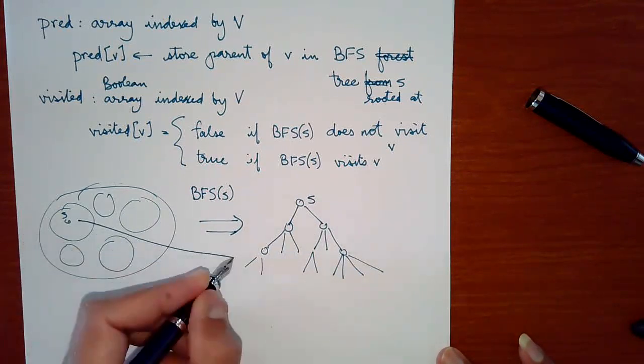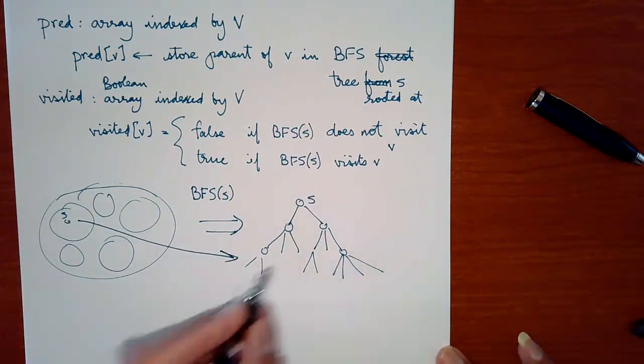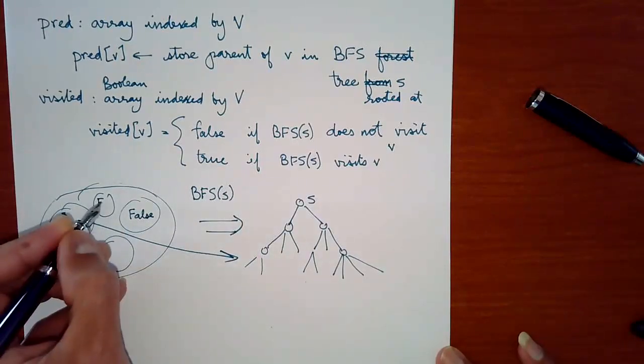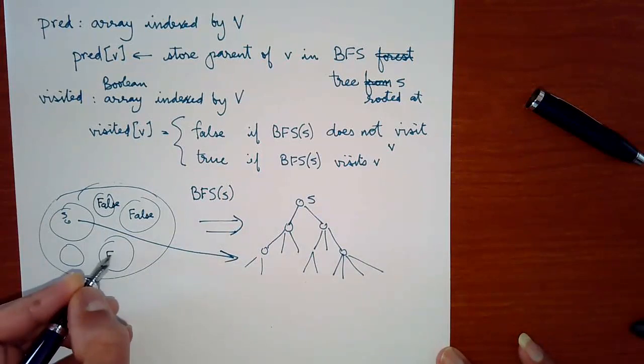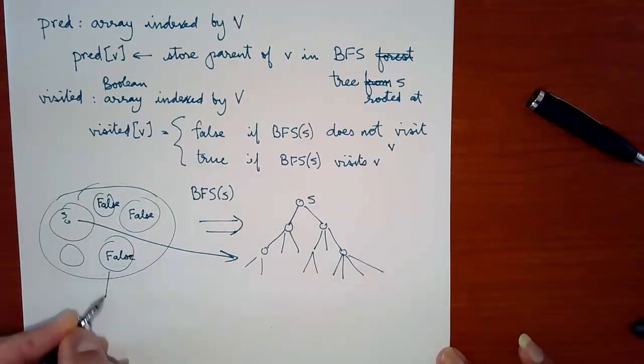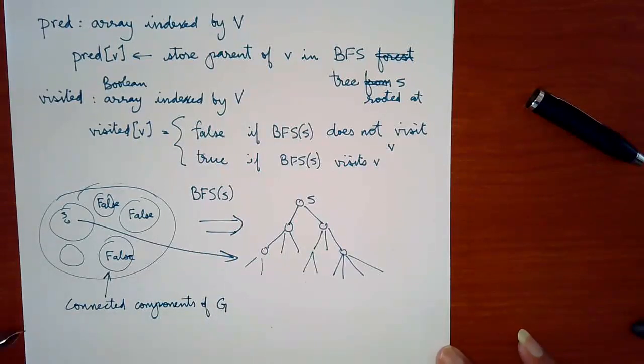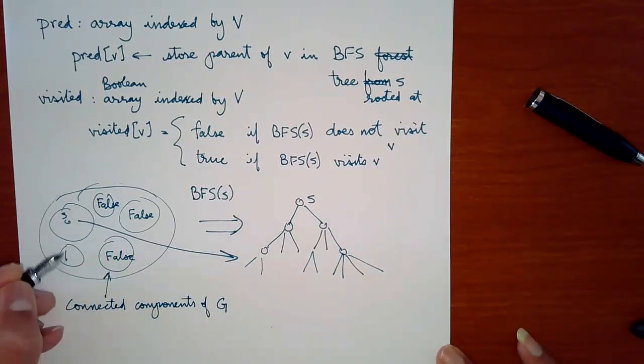All of these vertices are going to be present in this BFS tree. Visited is going to be false everywhere else, in all the other connected components of the graph.